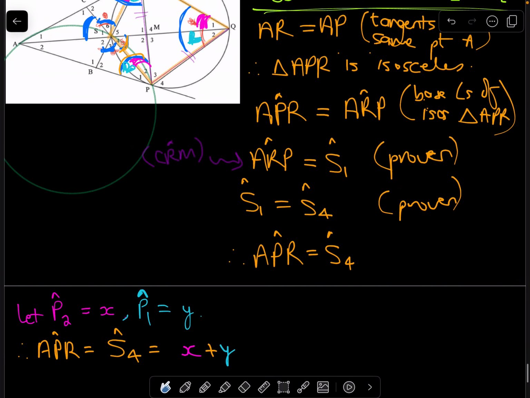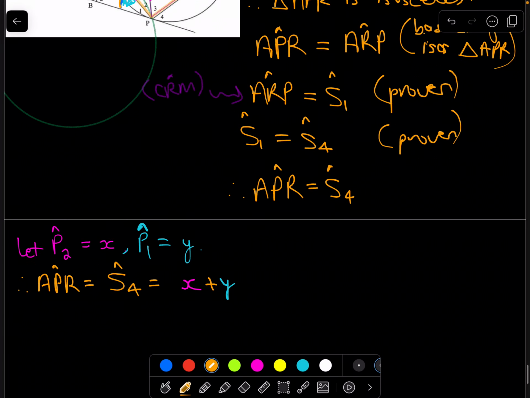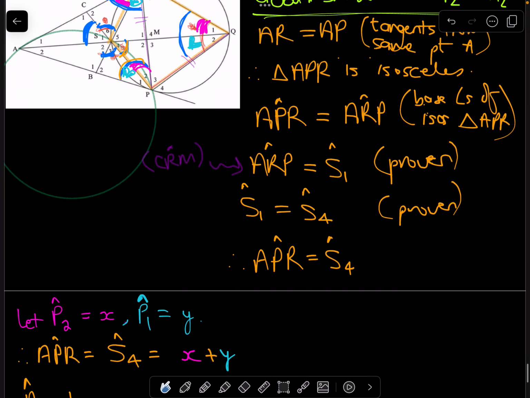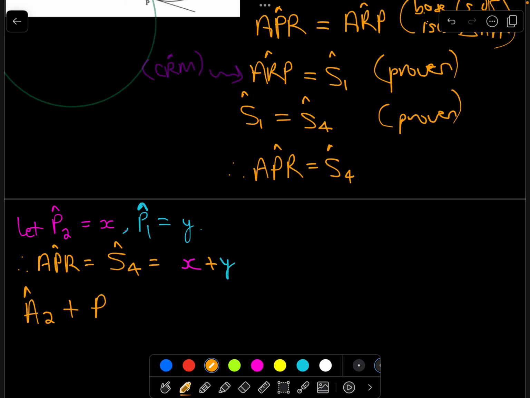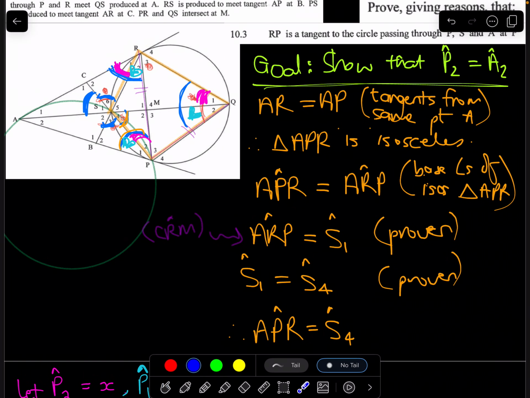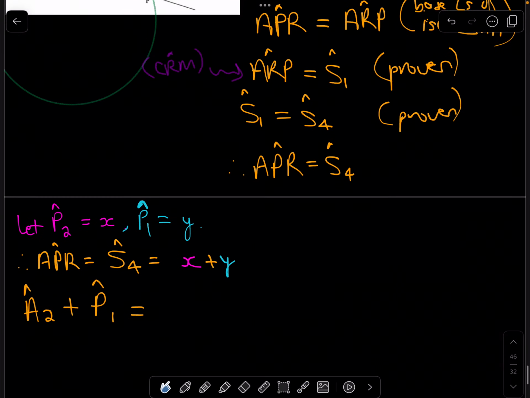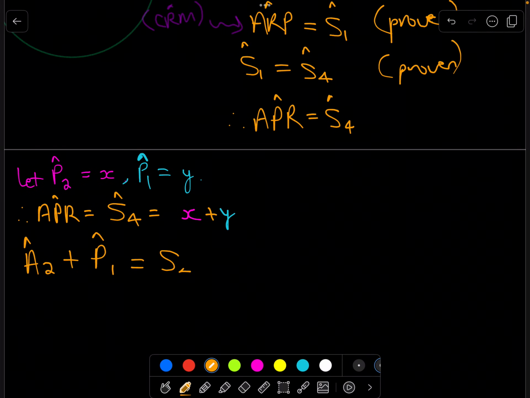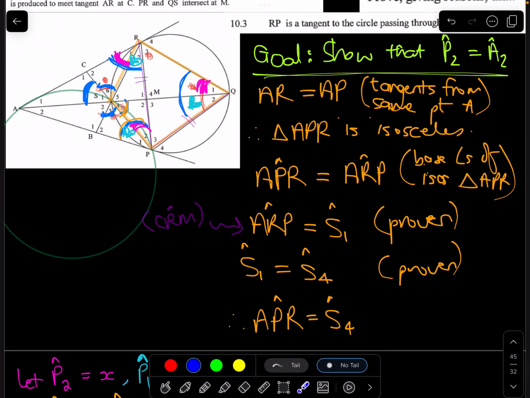So then we know that angle A2 plus angle P1 is equal to the exterior angle of the triangle, so it's equal to S4, because exterior angle of triangle APS.